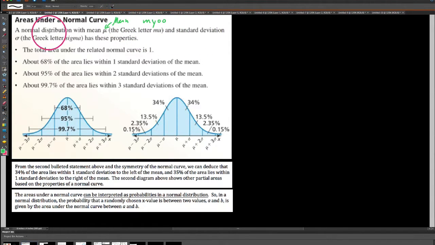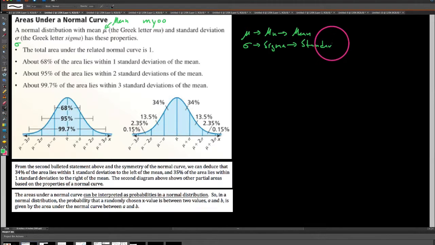And we say that the standard deviation, it's this little O that has a tail on the right side of it, is the Greek letter sigma here. And this sigma stands for the standard deviation. So one thing to be clear on is this: mu is the mean, and sigma is the standard deviation.